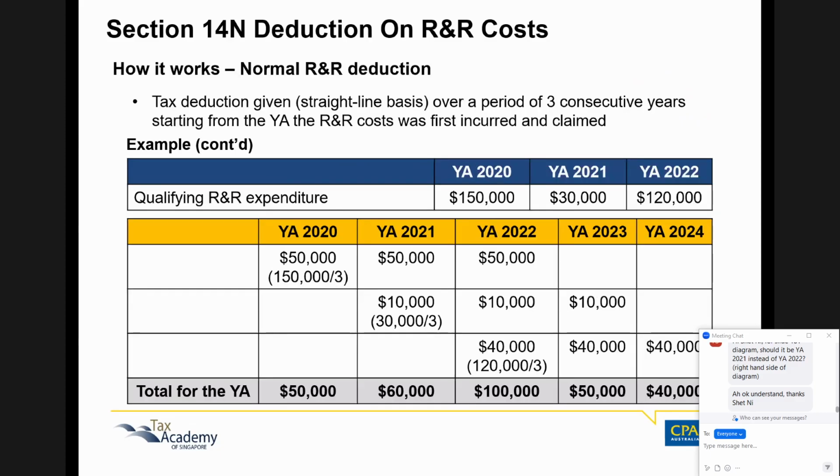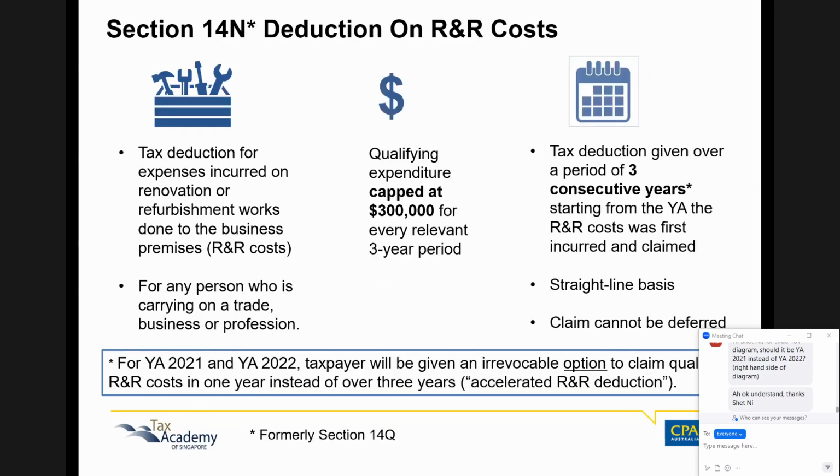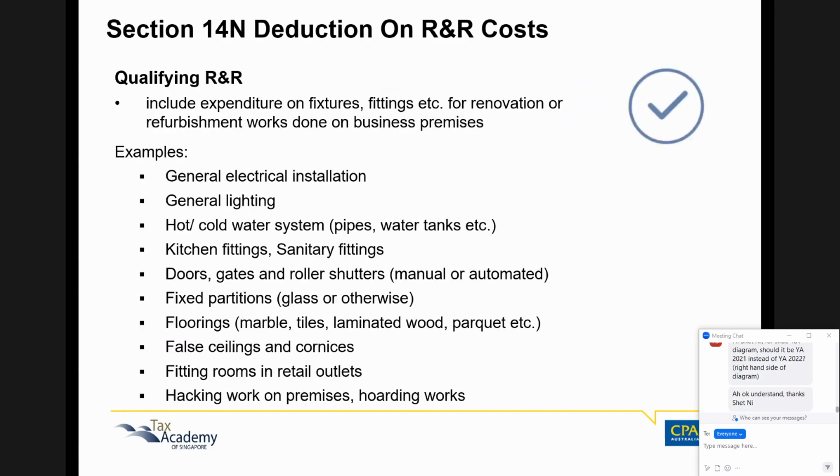Like I say, sometimes if you need to compute 14N, even though it's for YA 2022, you need to know what you can deduct for YA 2021 or YA 2020, because there may be deductions carried forward. If we ask for accelerated claim, you need to know, for example, for 14Q for YA 2022, we can claim over 1 year.